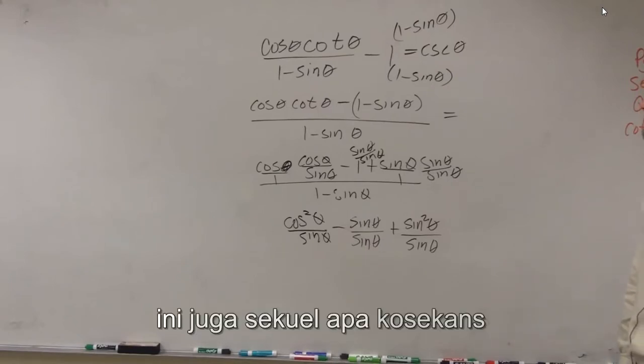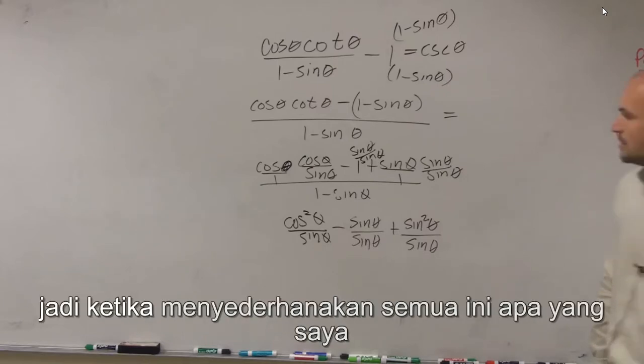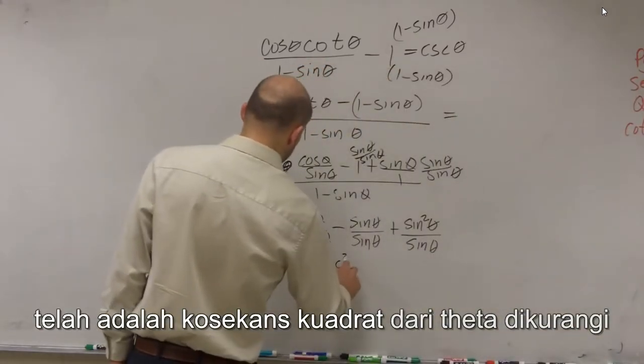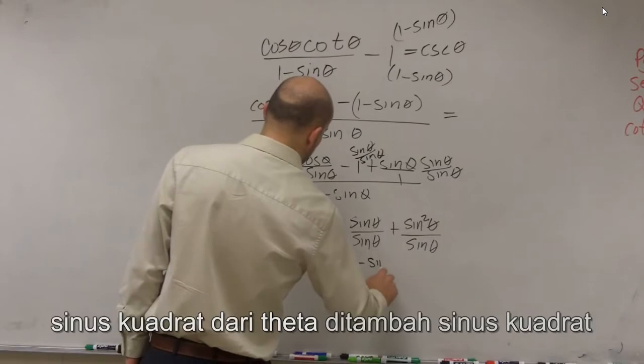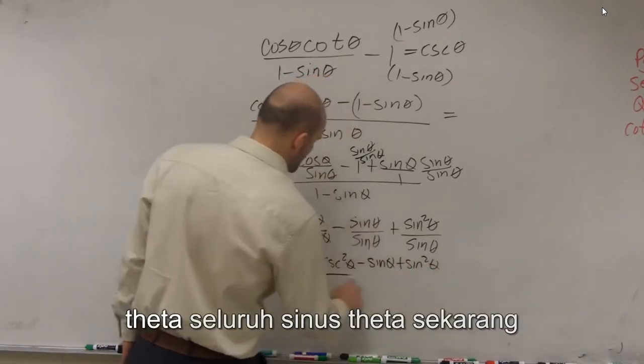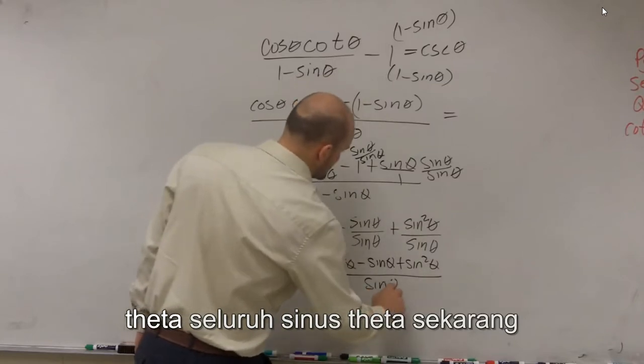So, when simplifying these all, what I have is cosine squared of theta minus sine of theta plus sine squared of theta, all over sine of theta.